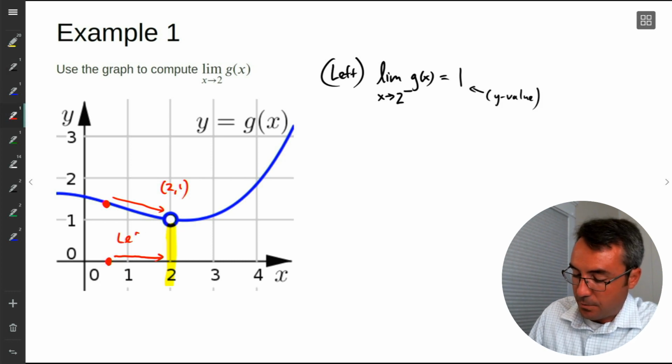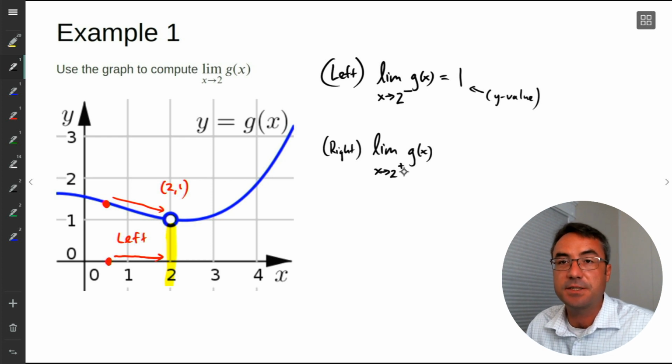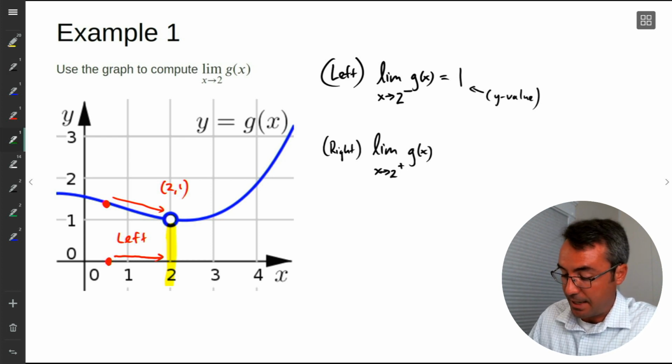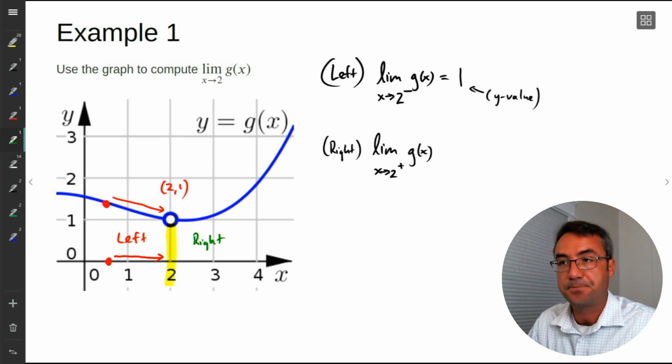All right, well, let's try the right side. Let's do the limit of our function g of x as x approaches 2 from the right. So we use this little plus sign to indicate that we're on the right side. We're looking at the right side limit. All right.